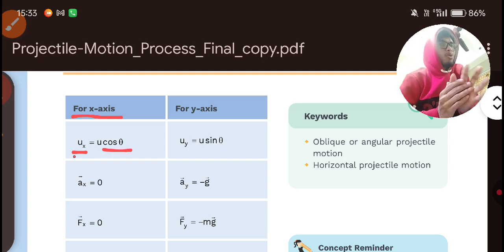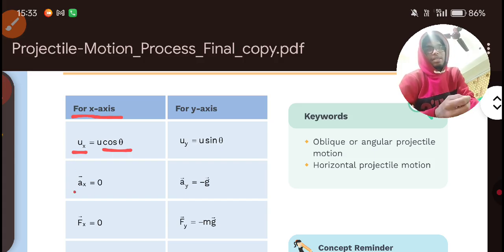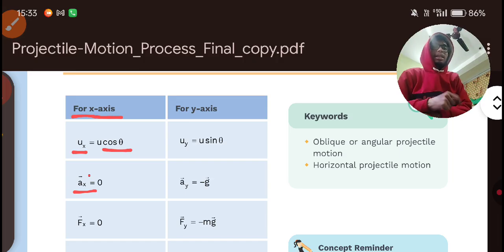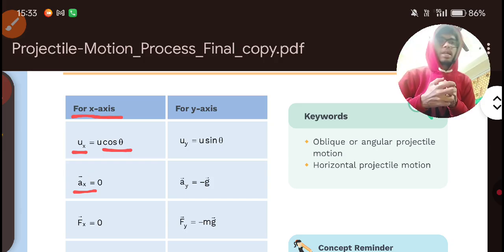Remember, these are some points we have to keep in mind while solving questions. Acceleration along the x-axis will be zero when the question does not give you the acceleration of the horizontal line.